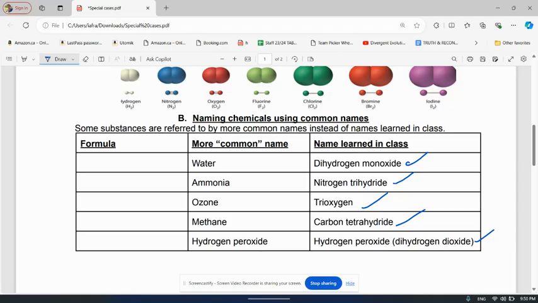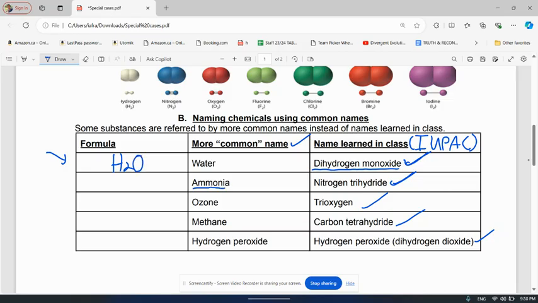So what I want you to do is pause the video and try to figure out what the formulas would be for compounds based on their scientific name, that we sometimes call the IUPAC name, the naming rules we learned in class, and also their more common name. For example, if I said dihydrogen monoxide, you'd know from this that there's 2 hydrogens, 1 O, and from the common name, you know that's water as well, so H2O. Try to figure out the rest.